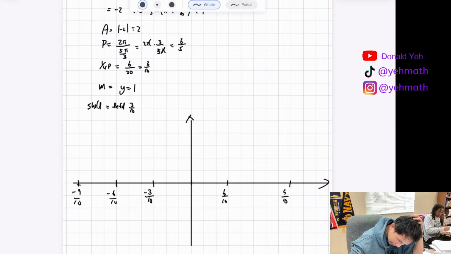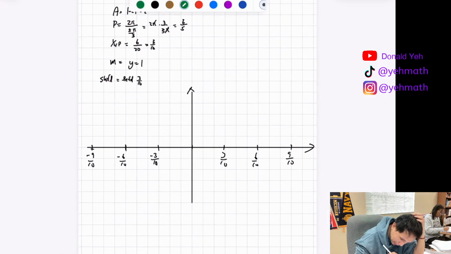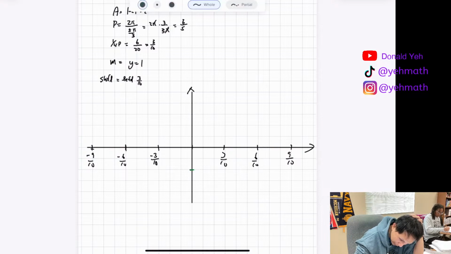Wait, I can't count. So this is 3 over 10, and this is 6 over 10, and this is 9 over 10. And I should have enough. Okay, so far I'm okay. I'm going to use this one as 2, and this one's 1.